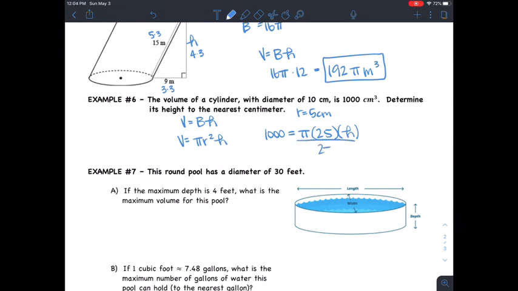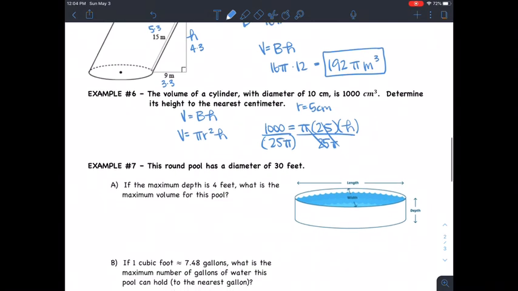Now, when we divide by 25 pi, be careful how you plug this into the calculator. You're going to have to put all of this in parentheses underneath. So 1,000 divided by parentheses 25 pi, and in parentheses gives us, let's see, rounded to the nearest centimeter, it's 12.7, so 13 centimeters.